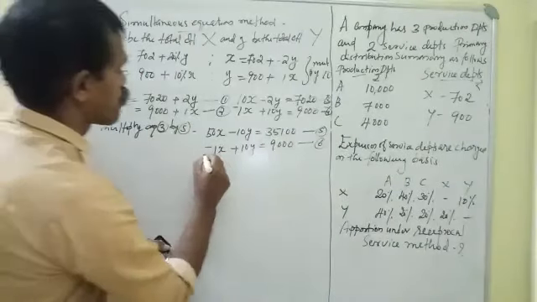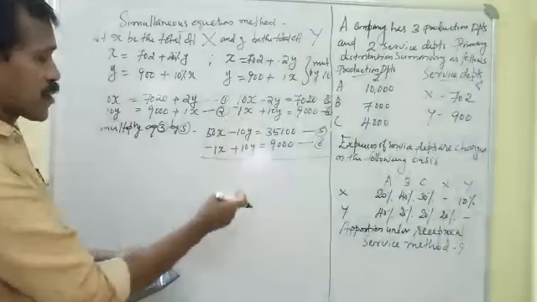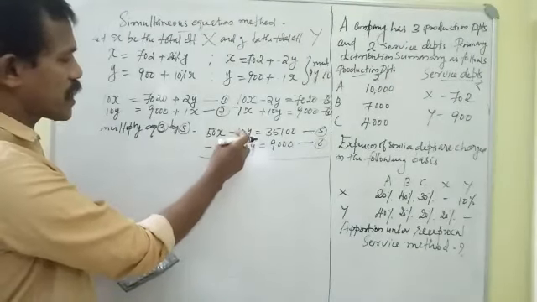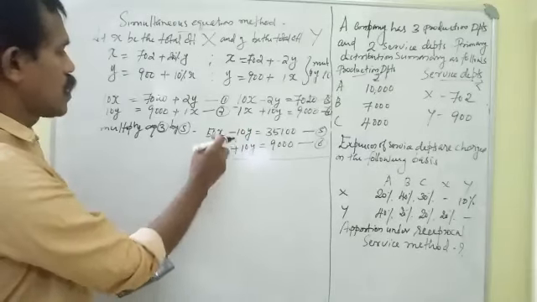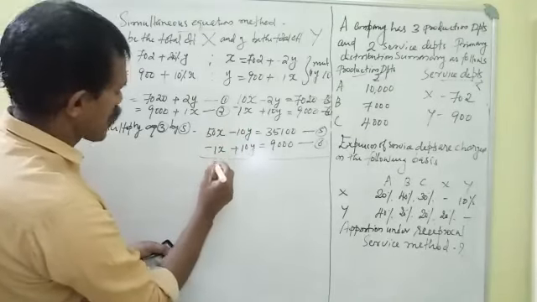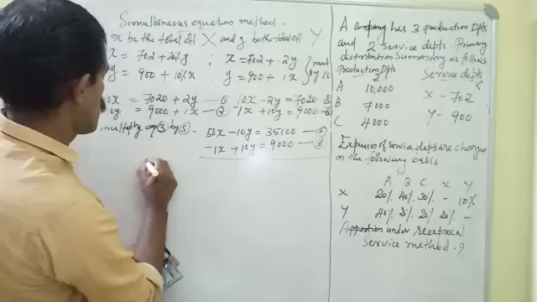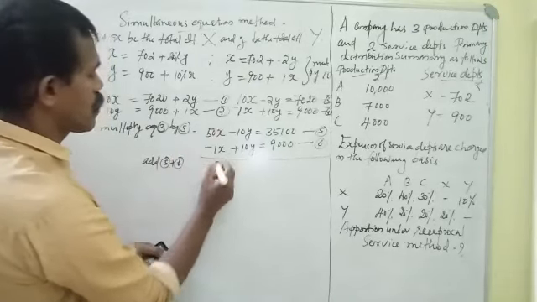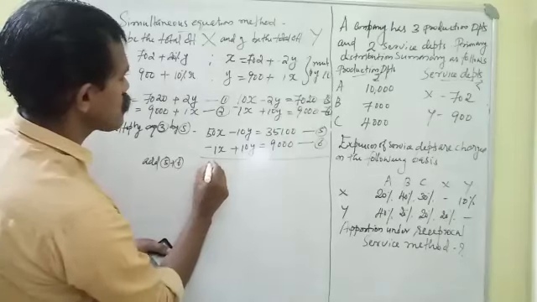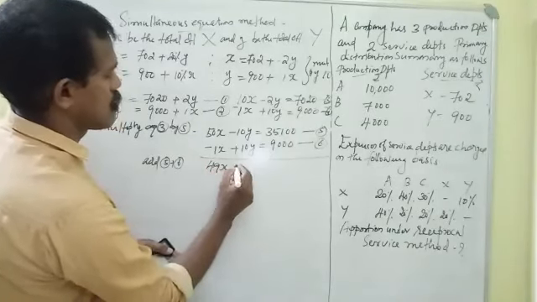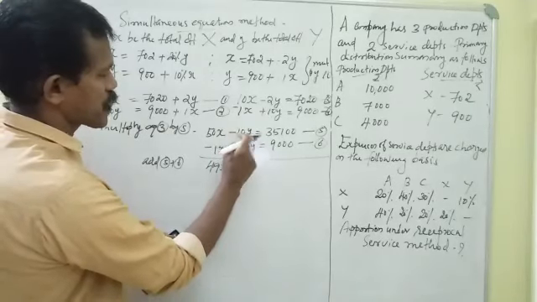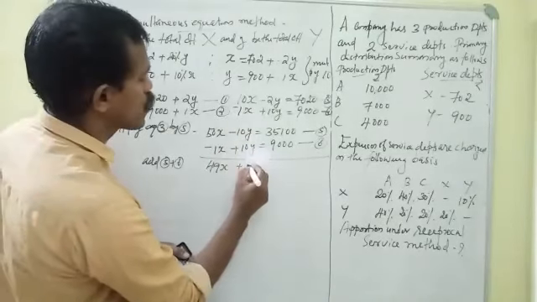Okay. Then in our next step we add these two equations. Then we get here this y 0. Then 50x plus 1x is equal to, add 5 plus 6. Then here we get 49x. Here we get minus 10y plus 10y, that is equal to 0.